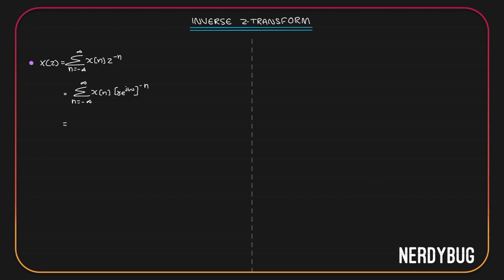Or we can write it like this: summation from n equals minus infinity to infinity x of n r raised to minus n e raised to minus j omega n. Now, this is the expression to find the Fourier transform of x of n r raised to minus n. So let us write this is equal to Fourier transform of x of n r raised to minus n.